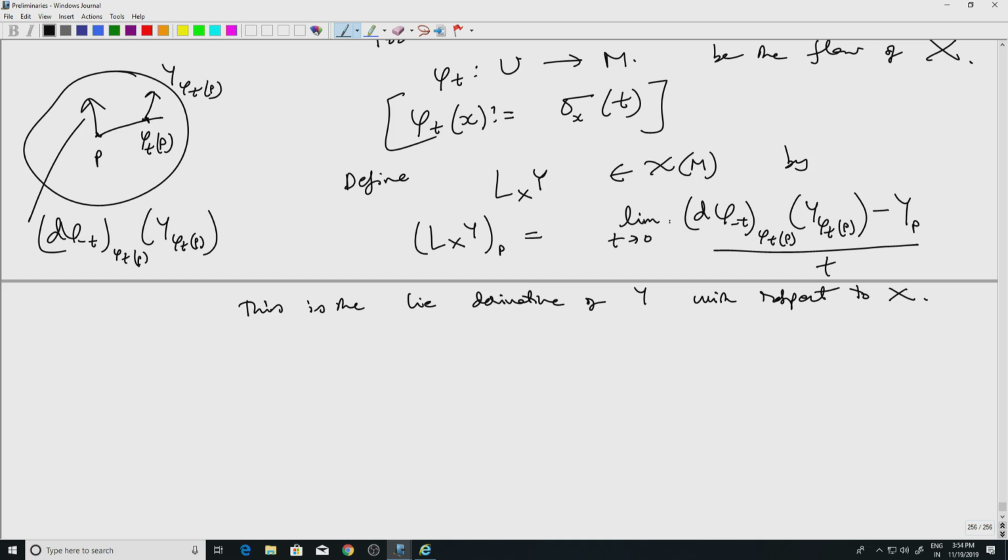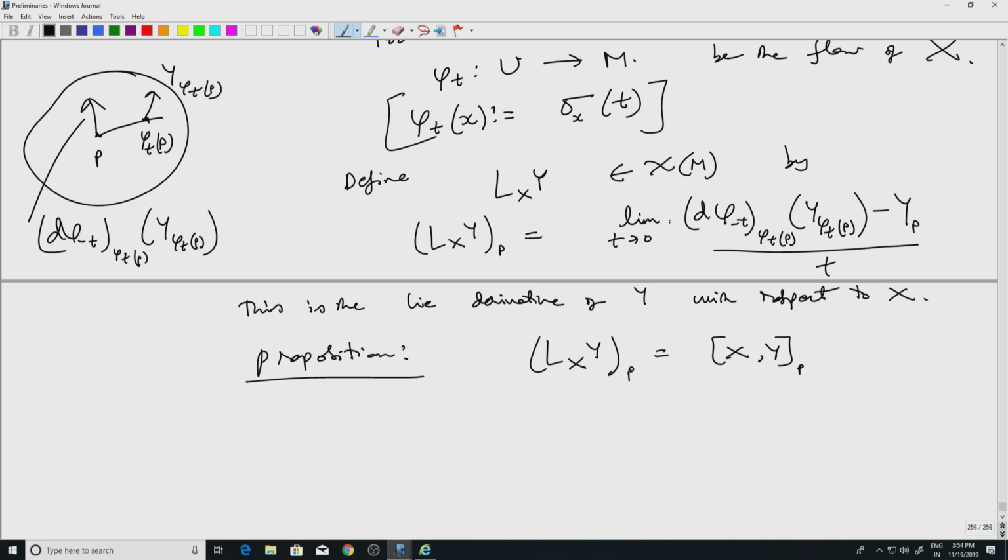So the proposition is that the Lie bracket of X, Y at P is the same as the Lie derivative of Y with respect to X at P. On first sight, this equality is not obvious at all, because when we define the Lie derivative of Y with respect to X, X and Y seem to play quite different roles.